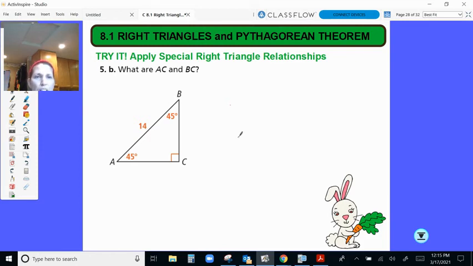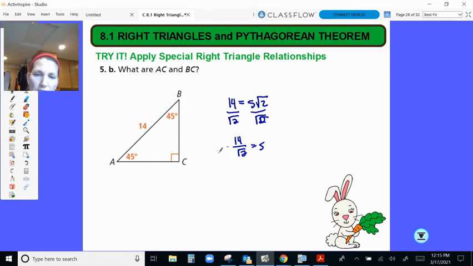Okay, how about here? AC and BC. And this is a 45, 45, 90 right triangle. So we know that our hypotenuse, 14, equals my side square root of 2. So I'm just going to divide square root of 2 on both sides. So 14 divided by square root of 2 is equal to my side.